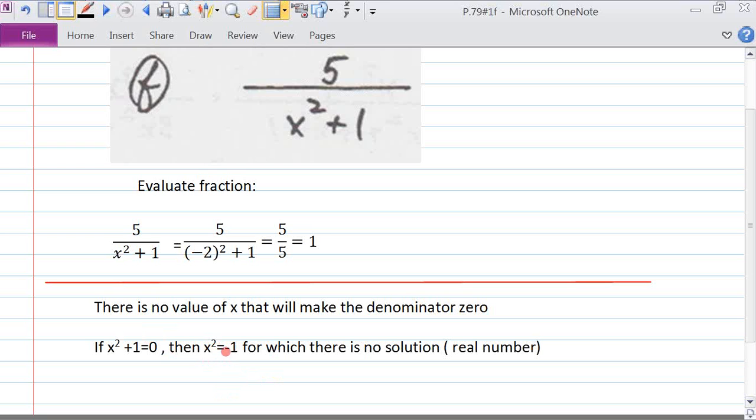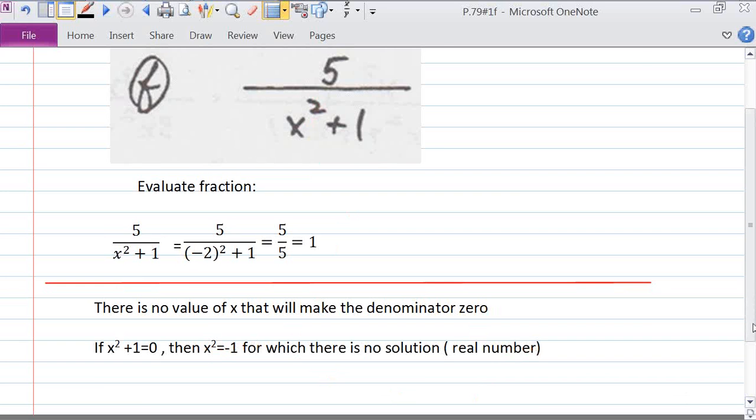If x squared equals minus 1, it can't be x equals 1 because 1 squared is 1. And if we choose minus 1, minus 1 squared is also 1. So there's no value, at least what we call a real number value. There are other ways of doing this, but it's beyond the scope of this course. So there are no values of x for which this will be undefined.